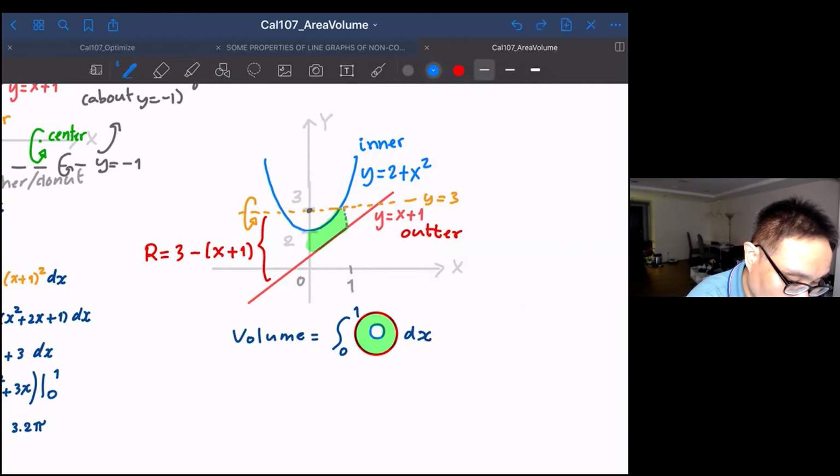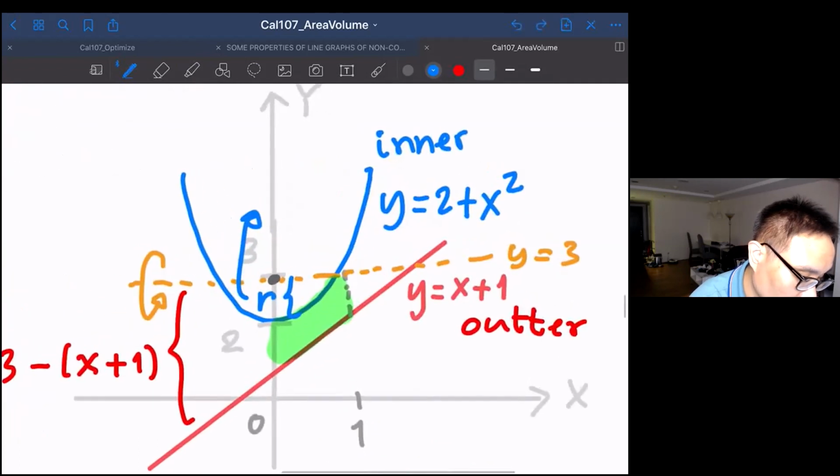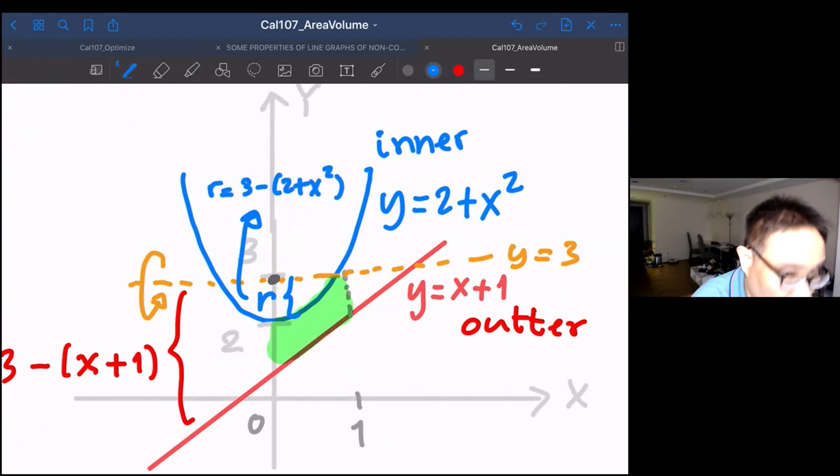So the small r equals 3 subtract 2 plus x squared. So r equals 3 minus (2 plus x squared).